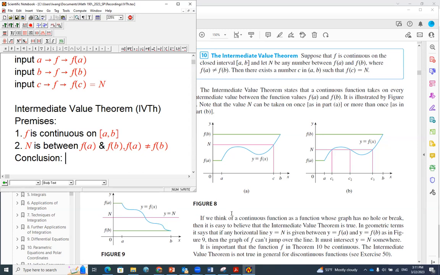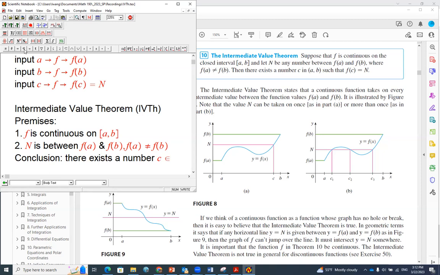The conclusion says there exists a number C. And where is C? C is in the category of input, and C is also in the interval.